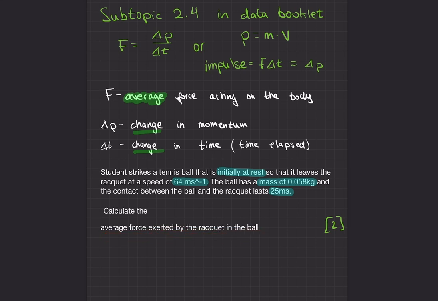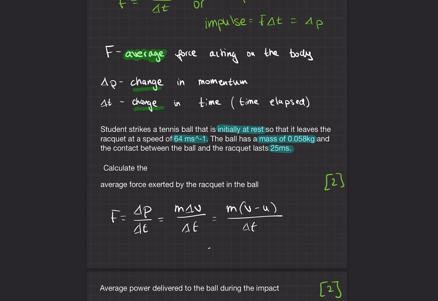So what do we know? Well, we know the force is delta P over delta T. But because the mass isn't changing, this is the same as m delta V over delta T. What's the change in velocity? It's final velocity minus initial, divided by delta T. The final is 64.